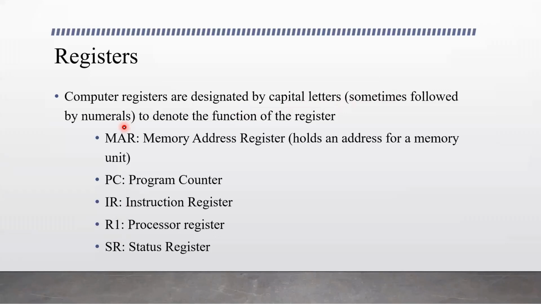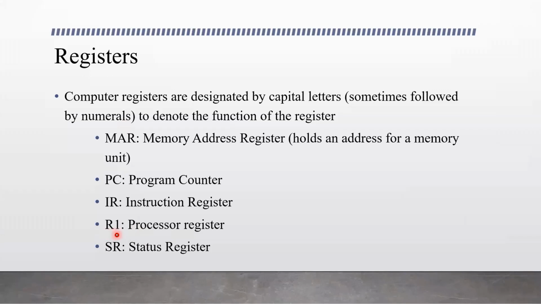These are 8-bit registers, a byte, so each can store one byte of information. They are numbered like R1, R2, R3, all the general purpose registers. In this case, we use the notation of a capital letter followed by the number.